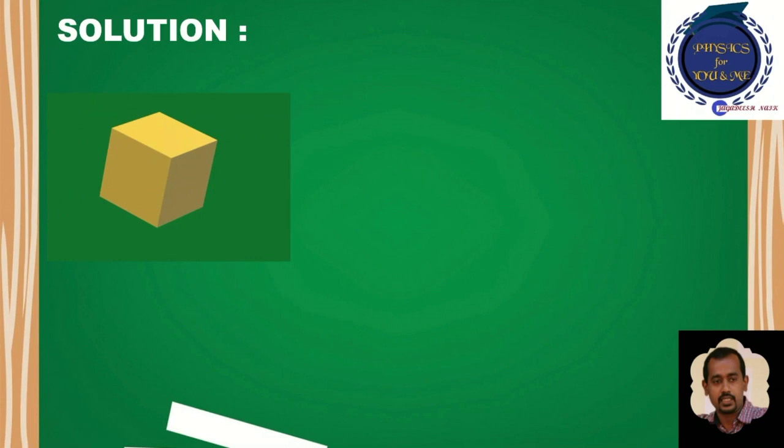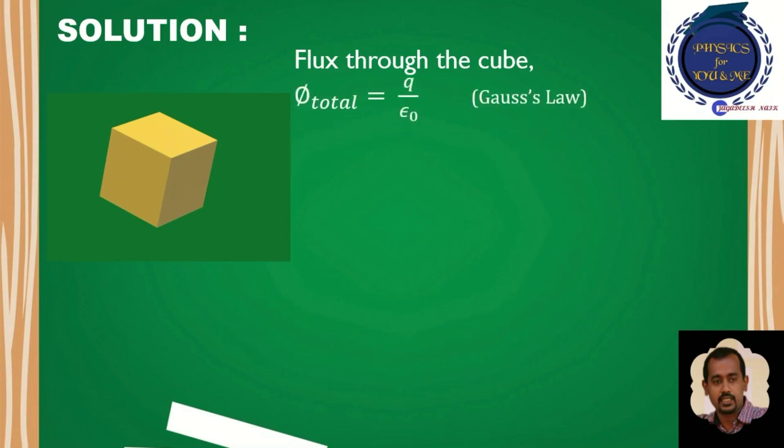The given cube encloses the charge. Therefore, using the Gauss theorem, we can find out the total flux passing through the cube, and it is given by Q by epsilon naught.